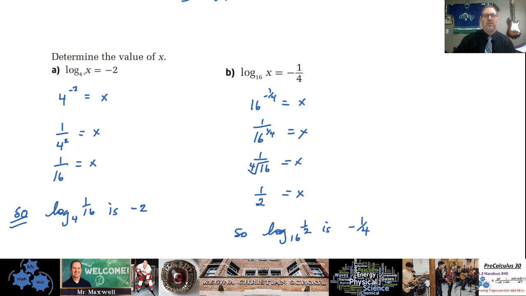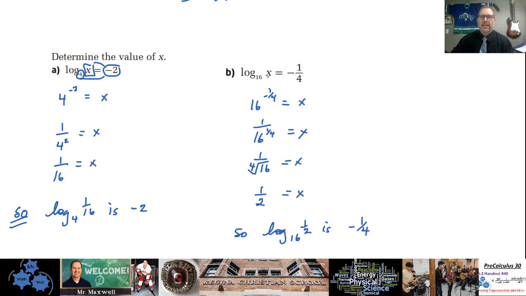Again, we go back to the fact that this is the base, this is the exponent, and it has to equal this thing. 4 to the power of negative 2 equals x. No problem. That's 1 over 4 squared, 1 over 16. All right. So again, you could speak this out by saying the log of 1 over 16 with the base 4 is negative 2. That's what this all means.